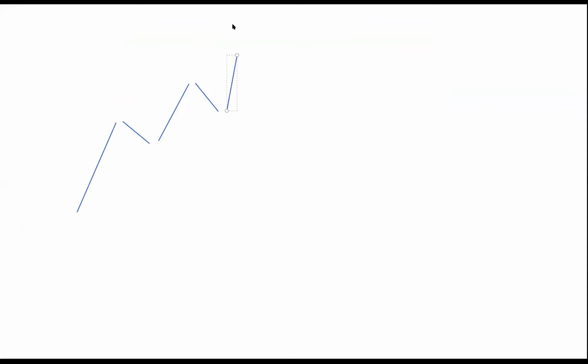On a channel, the support and resistance are parallel to each other, while on a wedge they're at a slight slope. So if the market was forming a wedge, it would look something like this, and the reaction of the market would be a push to the downside.